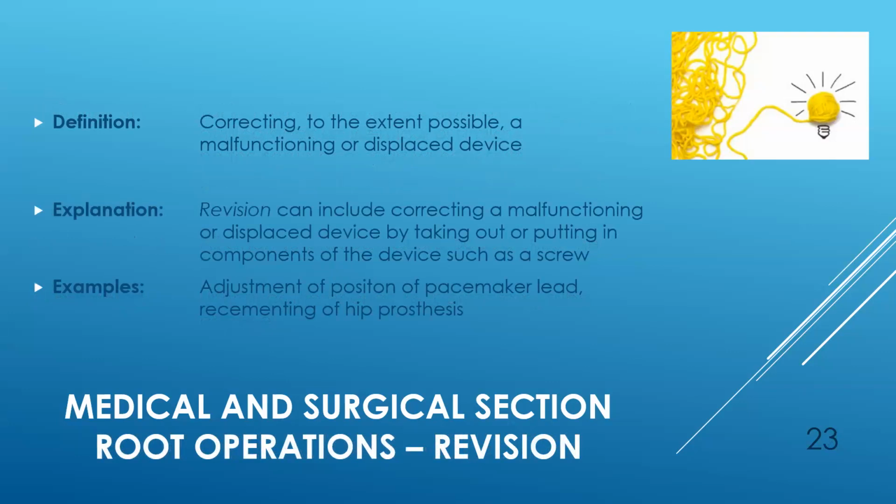A revision, correcting, again, involves a device. This is tempting to use. Here's a good example of a root operation that requires a device when you might want to use it, because we talk about revision, I don't know, like it could be a hernia repair. They're going to revise.